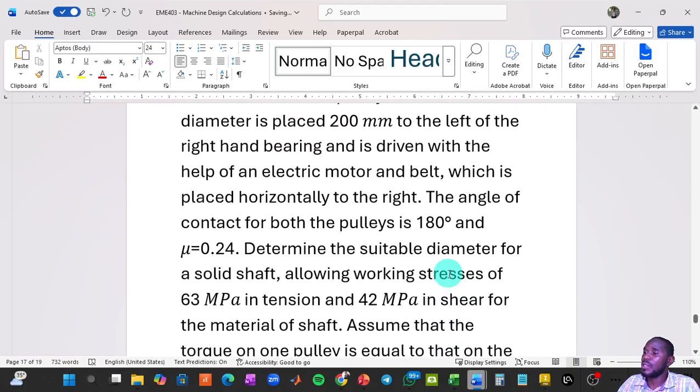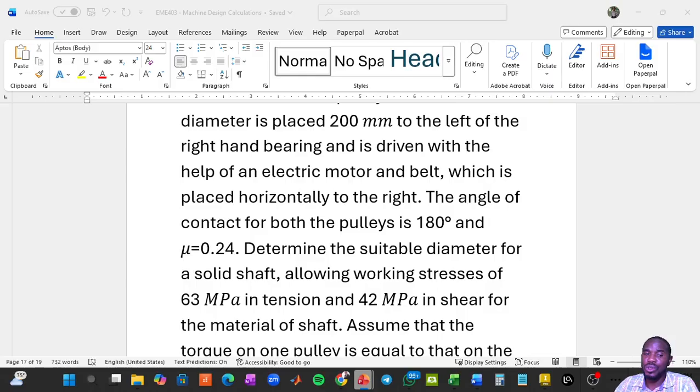It does say that the angle of contact for both the pulleys is 180 degrees, and the coefficient of friction, and this usually occurs between the belt and the pulley, is given as 0.24. I'm not sure you have done belts and drive systems, but you probably would at some point.